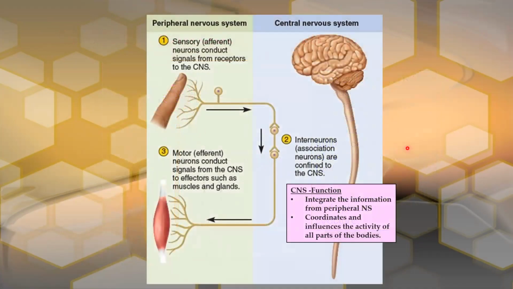The function of the central nervous system is integrating the information from the peripheral nervous system and influencing the activity of all parts of the body. So neurons of the central nervous system are mainly interneurons. Okay, and while the peripheral can be sensory or motor neurons.